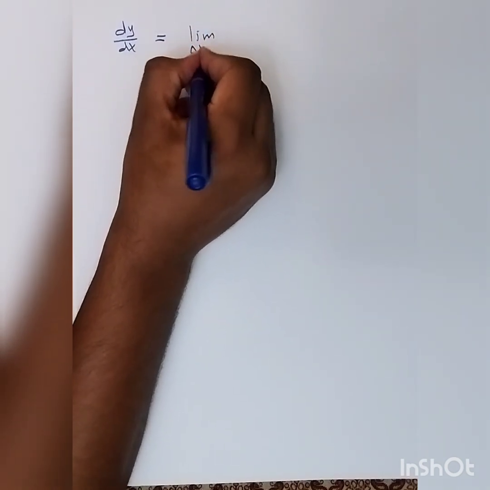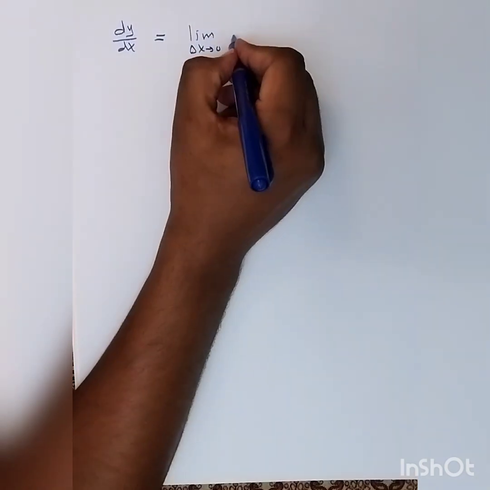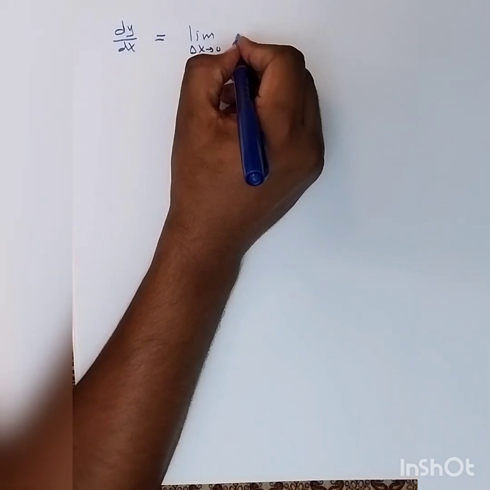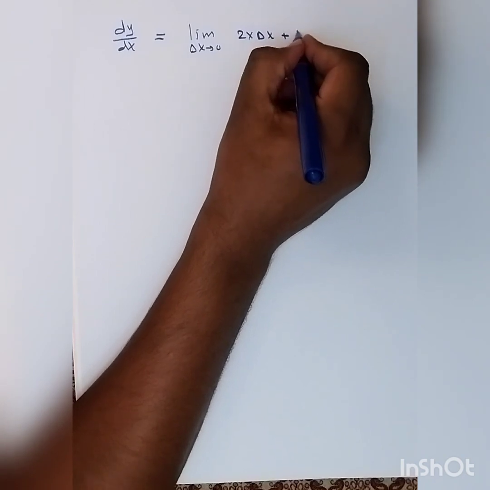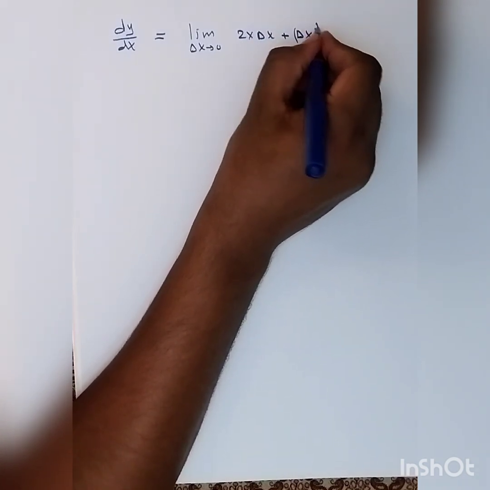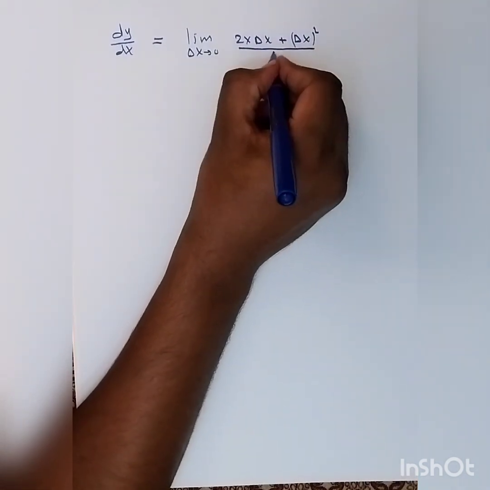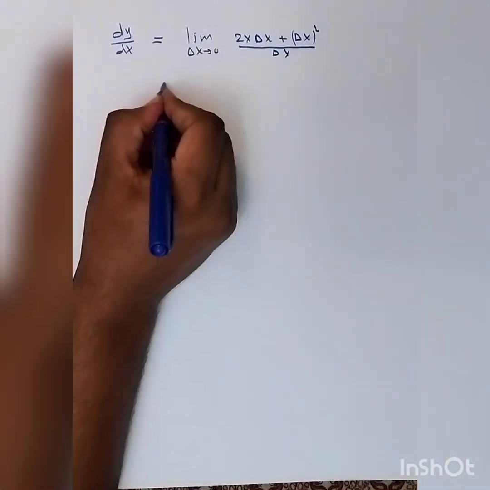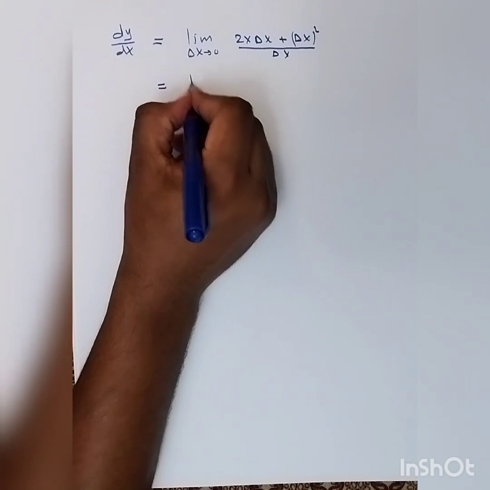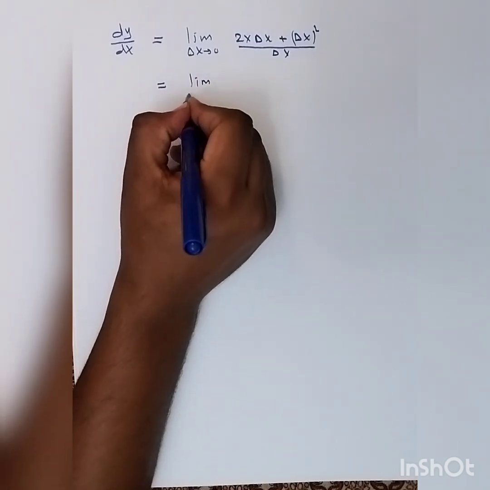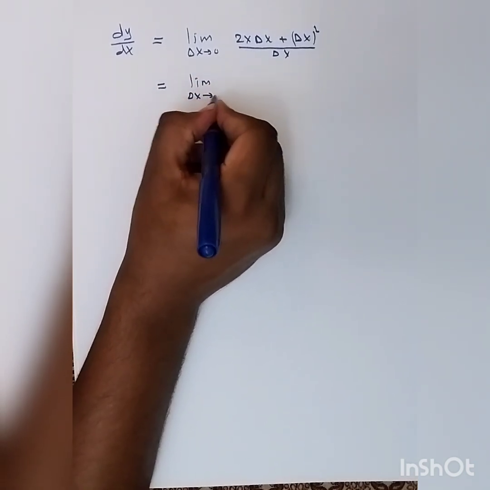After doing this cancellation, we get the following: 2x delta x plus delta x squared all divided by delta x. So now we can distribute the denominator. Then we will get the limit as delta x approaches 0.